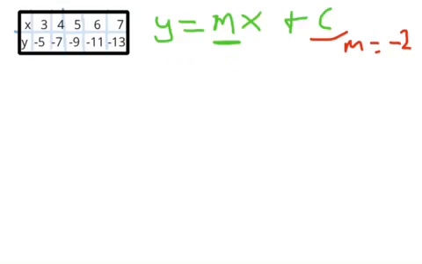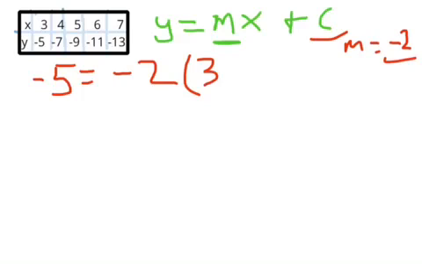So write down here, -5, because that's our y, is equal to -2, coming from our m here, and our x value is that 3 up the top, plus c.